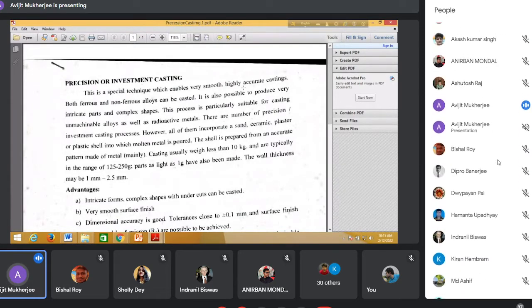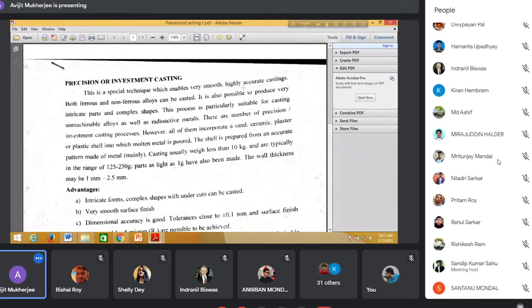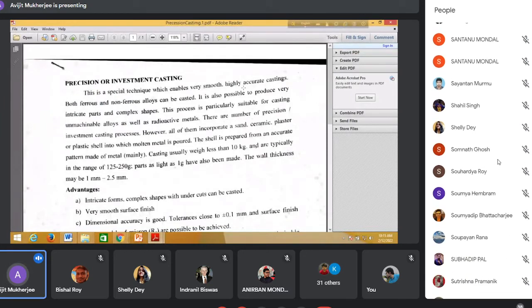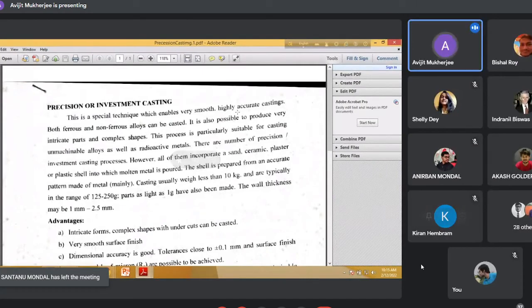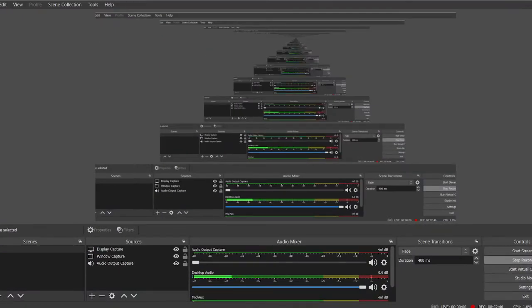In case of sand casting, we may use any material like ferrous metal, non-ferrous, all these. Similarly, for precision or investment casting also, both ferrous and non-ferrous. Non-ferrous means aluminum alloys or magnesium or bronze or anything. So all the metals can be used.